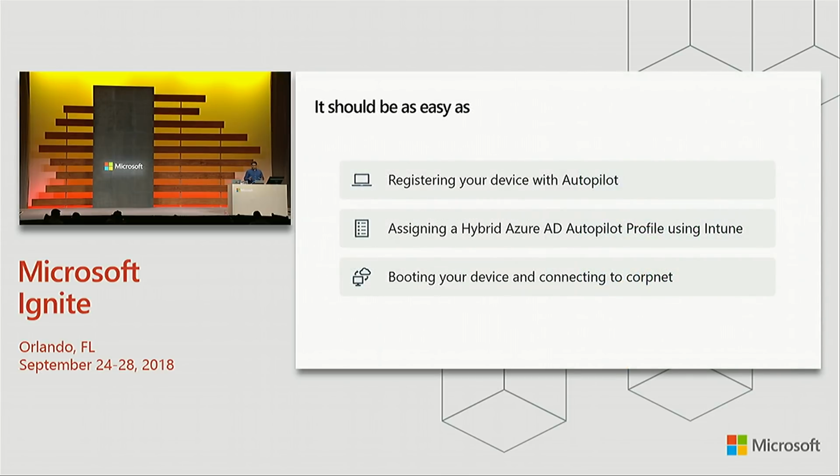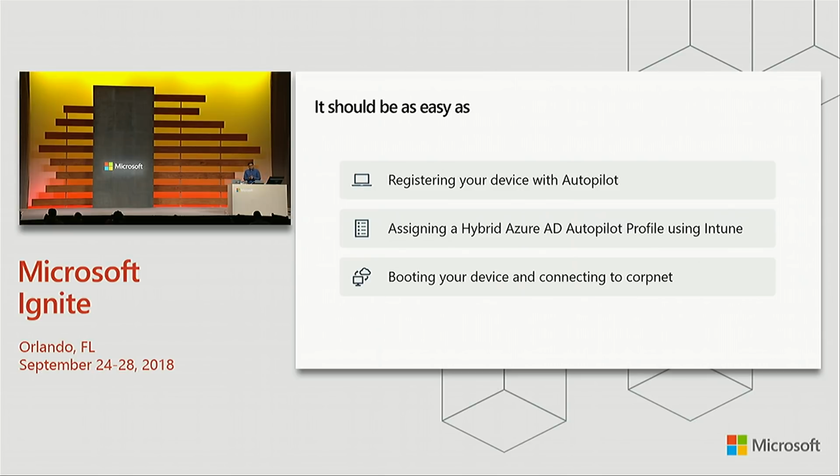And when we design this, we keep our Autopilot principles in mind as well. It really should be as easy as registering your device into Autopilot, assigning a profile, and then booting your device for the first time. If it goes beyond these 3 steps, it's not really worth doing it in an Autopilot way. It's not really making it easier for the end user, and that's what we're really trying to do here.